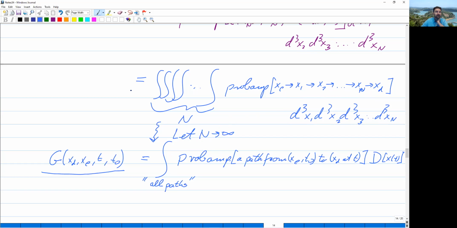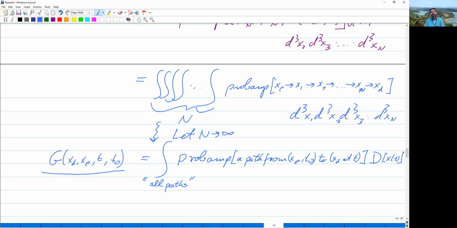Now this is easier said than done. Obviously, we have infinitely many integrals to do here. And notice that there is in this derivation nothing that forces our paths to become smooth. If n goes to infinity, we will include smooth paths, but most paths are not smooth, are jumps, right? Because the x_1, the x_2, the x_3 are independent of each other.